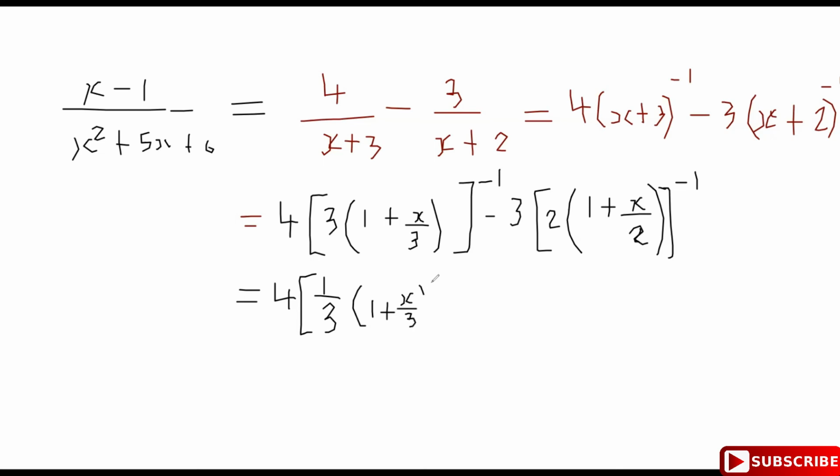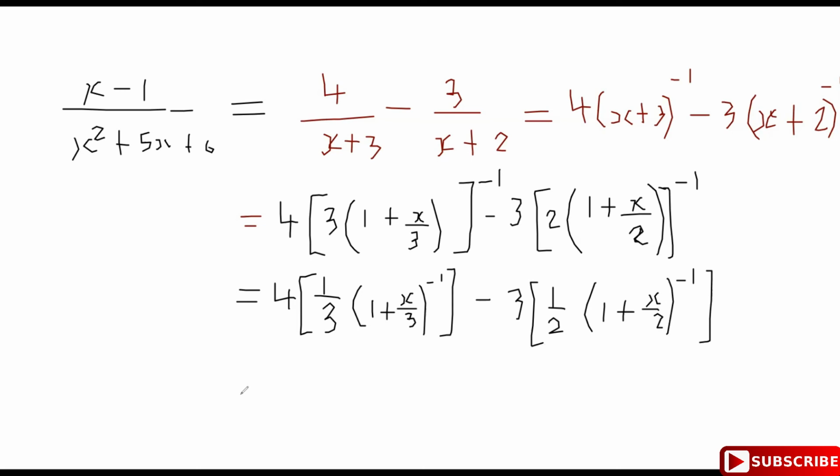Yes, man, this is a lot of work. That's what that side becomes. Then this side simplifies to minus 3 times 2 to the negative 1, which is a half. So you get a half times 1 plus x over 2, and that is now raised to the minus 1.